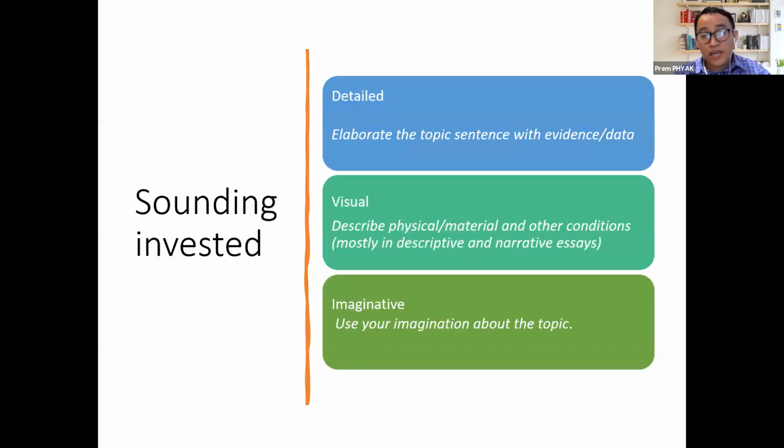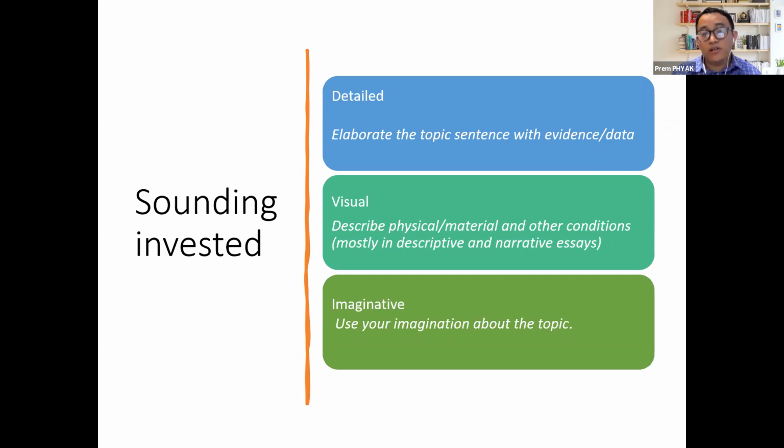Another thing is that your writing should help readers feel that you are really invested in writing. So what shows that you are really invested in the writing process? One is that your essay has detailed information. You elaborate the topic with evidence and data, and your essay really visualizes that you are fully into the topic and you understand the topic.